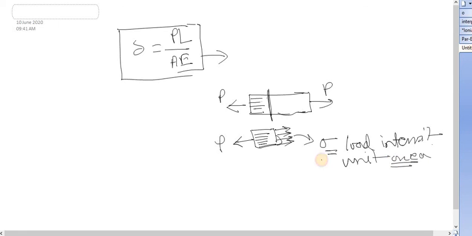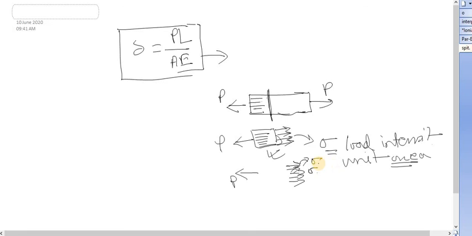Okay, so from equilibrium, if this part of the body has to stay in equilibrium, or motionless, what should happen? This external force should be equal to the summation of this internal force. No doubt. So each force is sigma.